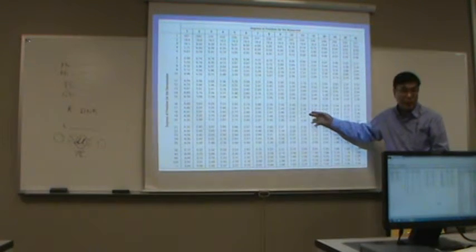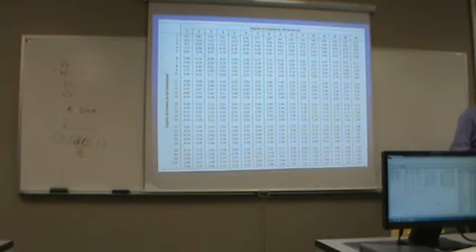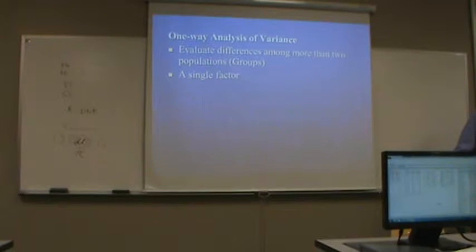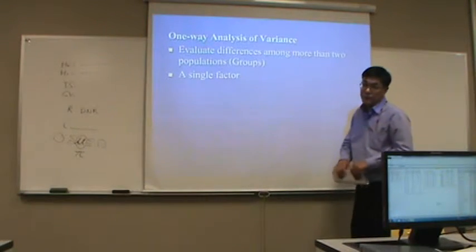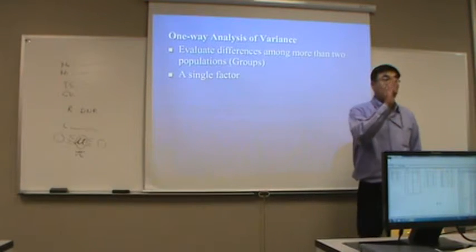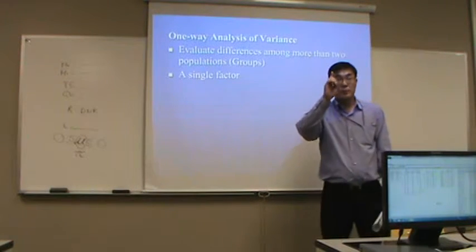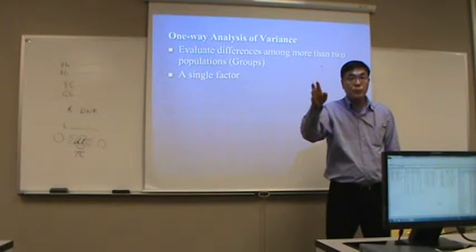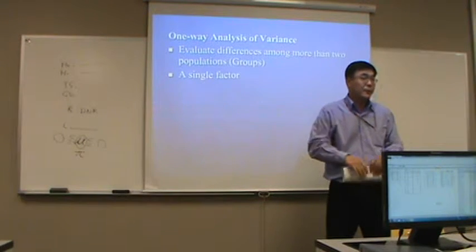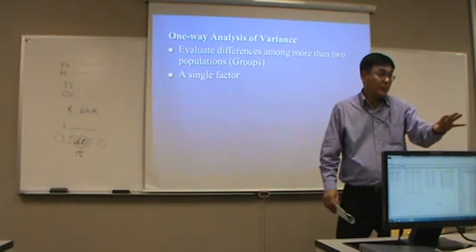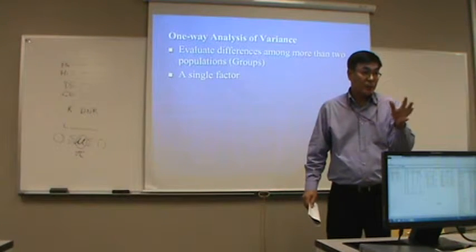So from the table we can get the critical value with df1 and df2. Okay. One-way analysis of variance: we test three or more samples with one characteristic or variable.